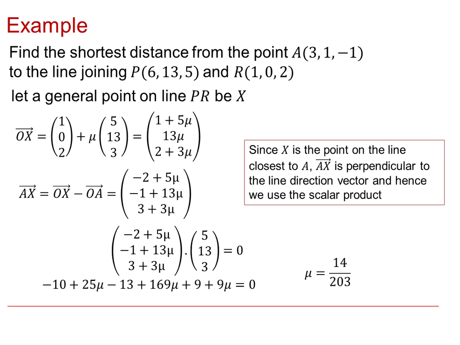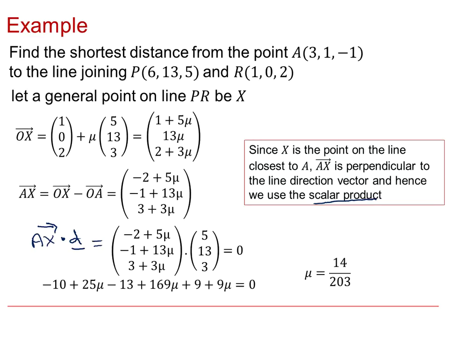And this is what we've done on this slide here. So we've got AX dot product with the direction vector of the line, set it equal to 0 because we're using this idea that the scalar product of two perpendicular vectors is 0.